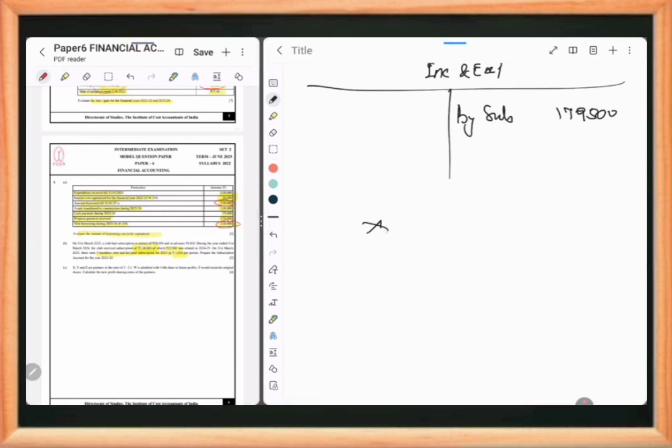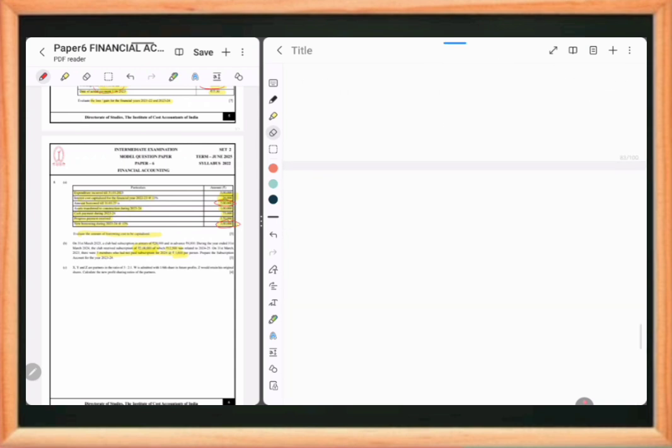So X, Y, Z, so 3 partners in the old ratio. And then there are 4 partners: X, Y, Z, and the new partner W. So the old ratio between X, Y, Z is 3:2:1, that is 3/6, 2/6, 1/6.